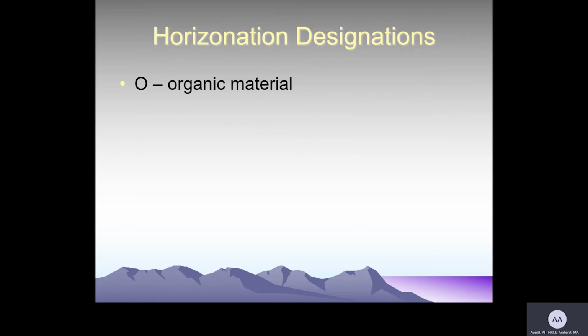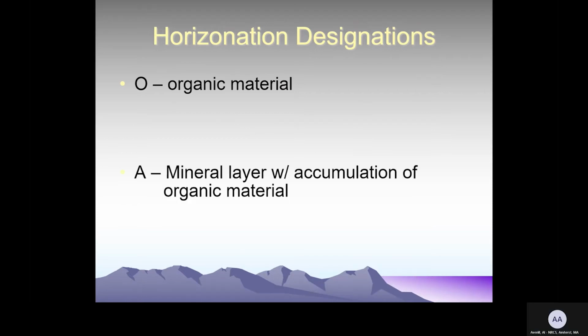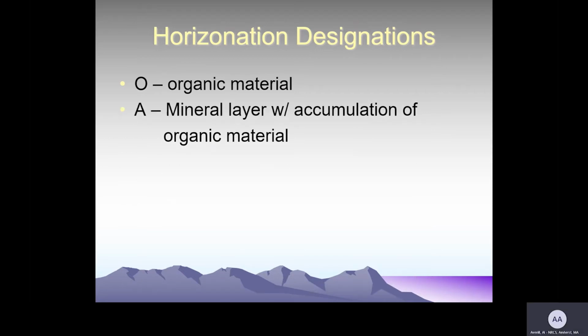So if you take that material and dry it out, and it dries to a much lighter color, chances are it is mineral material. Because mineral material, even if it's darkened by organic matter, will become brighter upon drying.